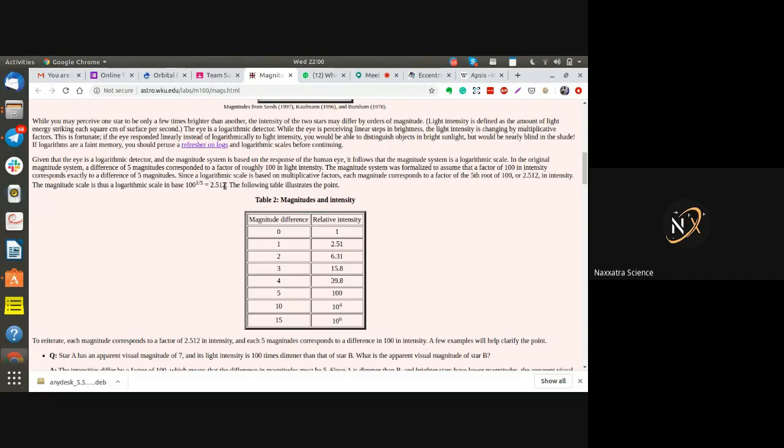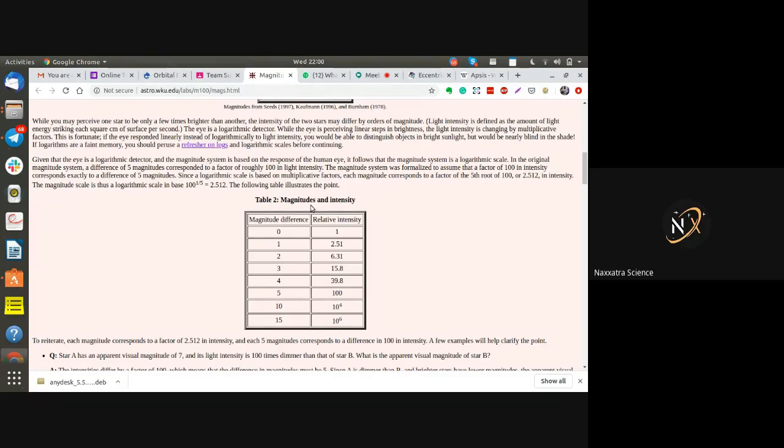So this is the relation you get. What does this mean? Let's think about it like you're climbing a staircase, from the ground floor to the 1st floor. Every time you climb up 5 stairs, your brightness goes down by 100 times. 100 times means current brightness divided by 100.